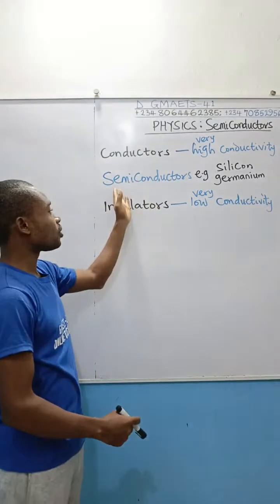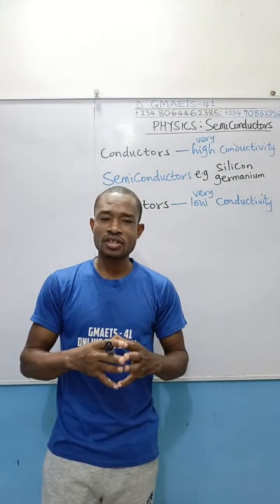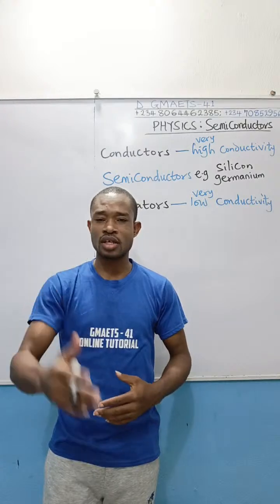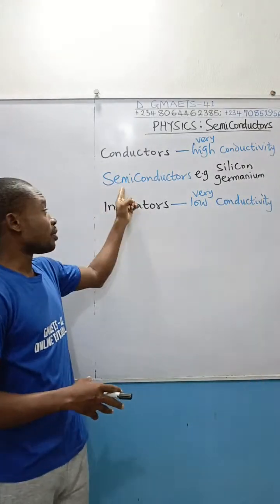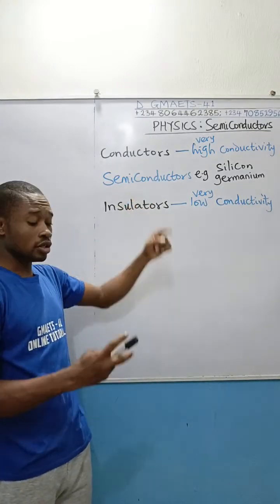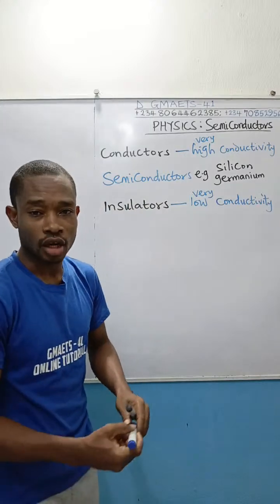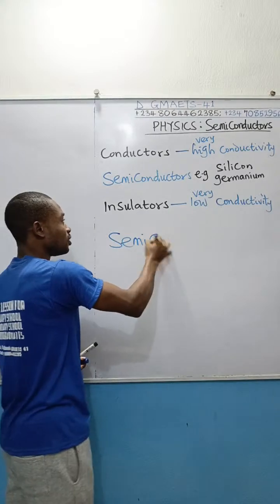All right, we've talked about semiconductors, and like I said, these materials have conductivity value between conductors and what? Insulators. Under certain conditions, semiconductors will conduct electricity, and under some conditions, they will not conduct. So let us pick this semiconductor and deal with it right now.